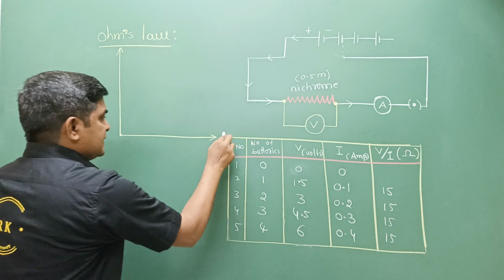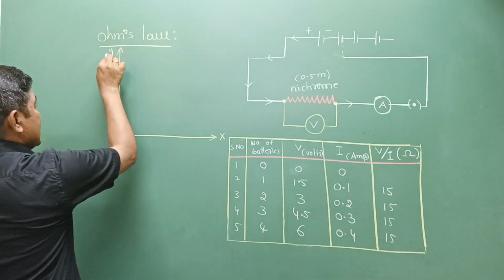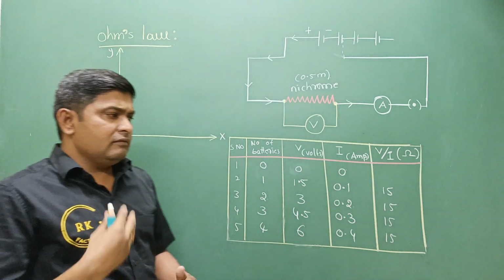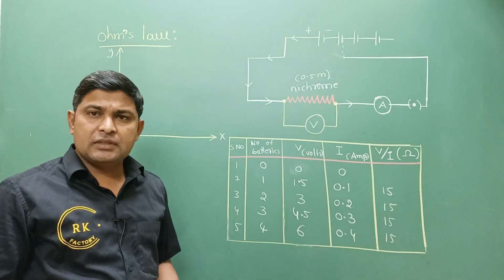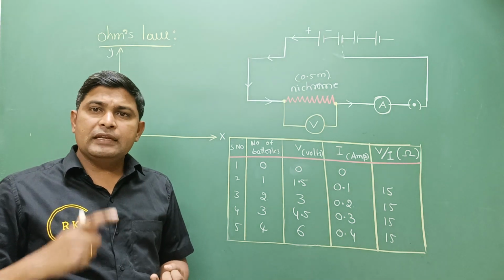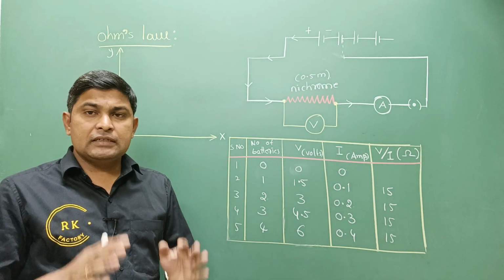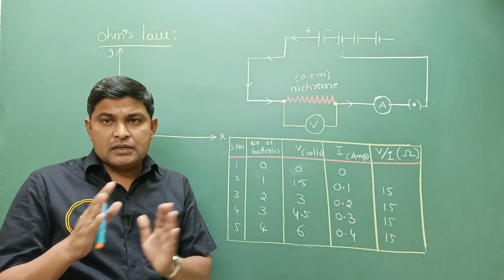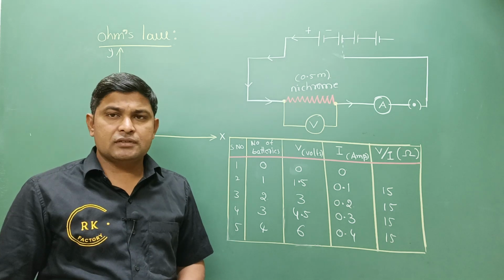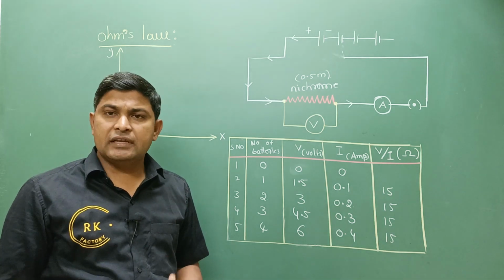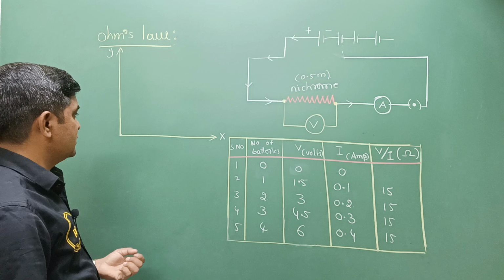Generally, what do we take on the x-axis, what on the y-axis, dependent variable, independent variable. Which value we have to take, that separate graphs discussion we will do in the next videos.